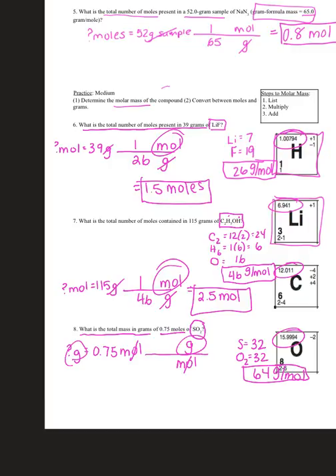Okay. There are 64 grams in every 1 mole. Okay, now we can calculate. Everything on the top gets multiplied. 0.75 times 64 equals 48, and the unit is grams. This is the answer to this question.